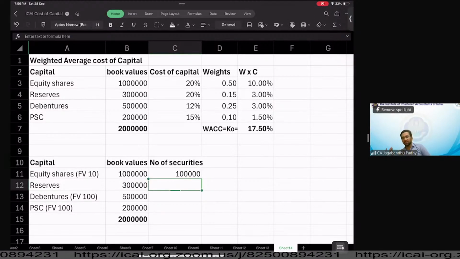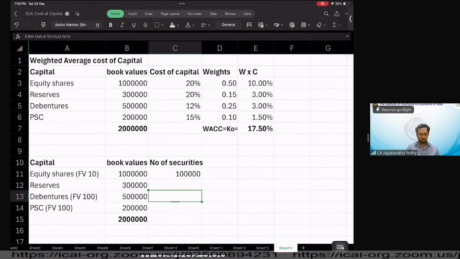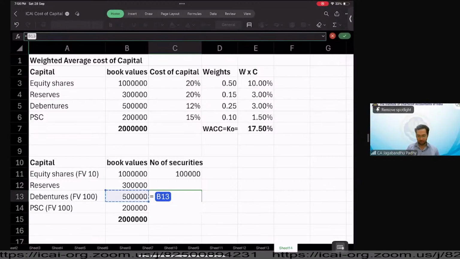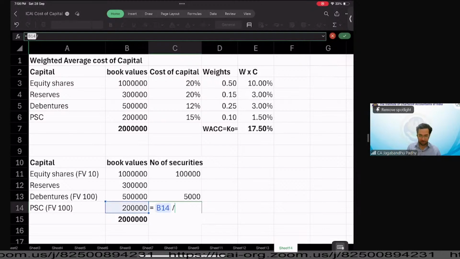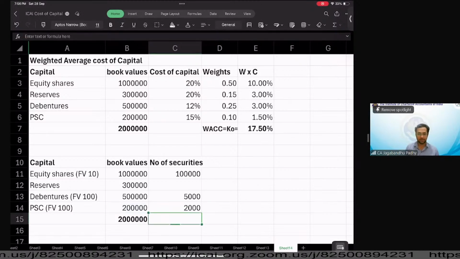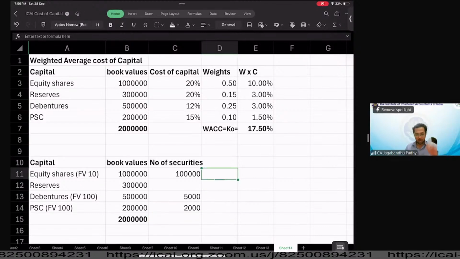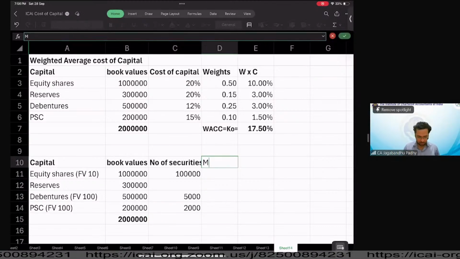Reserves, of course, we cannot say the number of shares, right? Reserves are not something which is distributable one by one. So debentures will be 5 lakh divided by 100. What about the number of preference shares? Can I say 2 lakh divided by 100? That's the number of securities that we have. Now, if I give you information, market price of security.